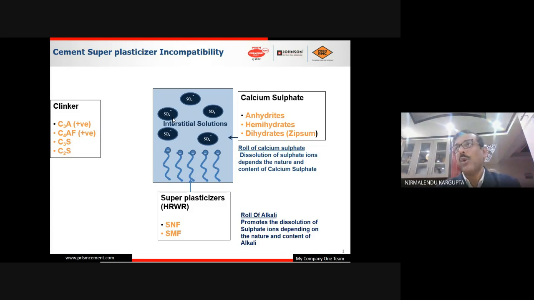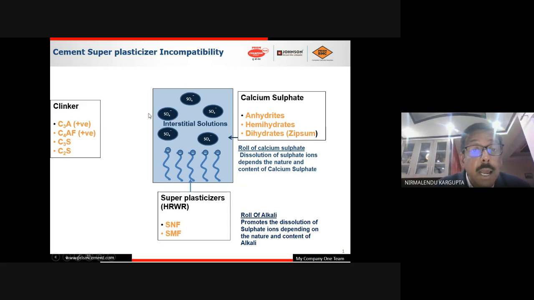I think he has a lot of experience in this because he has done too many experiments. He can explain better. As a civil engineer, I understood these things. Sulfate dissolution takes place, should be there in a particular space. Admixture will go, they will start repelling, and both will add up to the cement particles. Then it will be compatible.